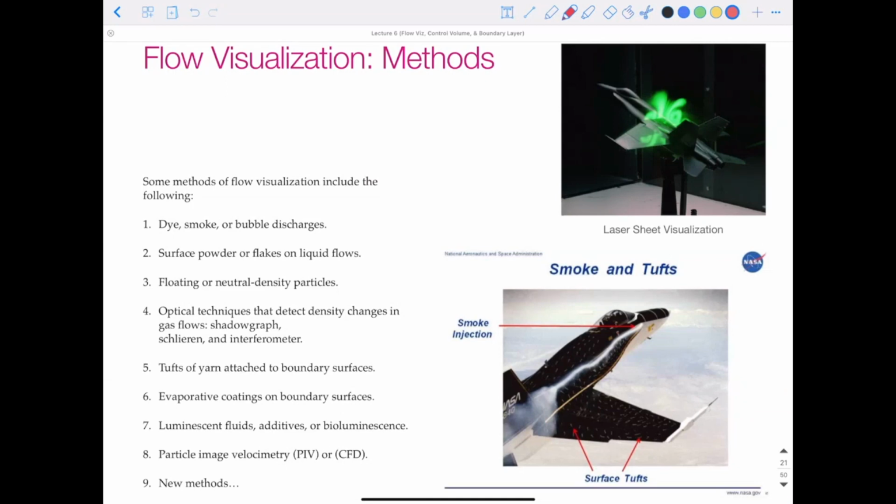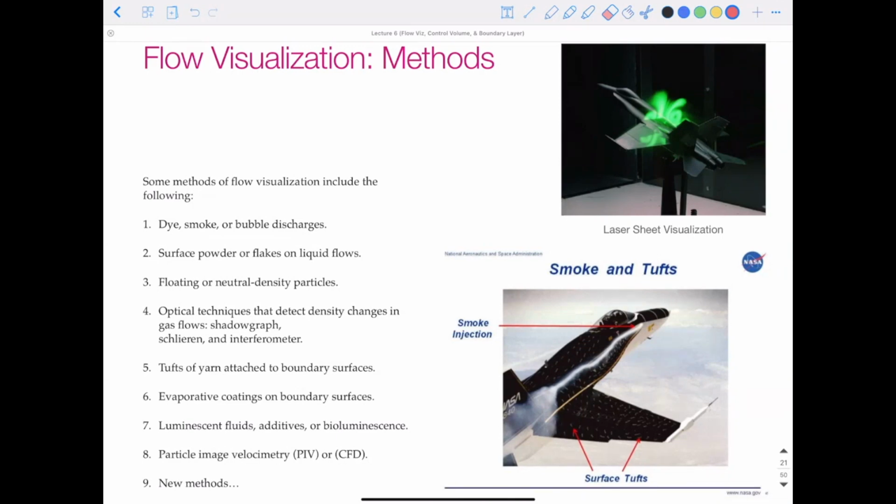So if you have little flakes of glass or something shiny or reflective distributed inside of a liquid, and that liquid is flowing, and you shine a laser through that liquid, then at every point where the flow is reflecting that laser, you can get an image of the fluid flow, or you can track the fluid flow through time.